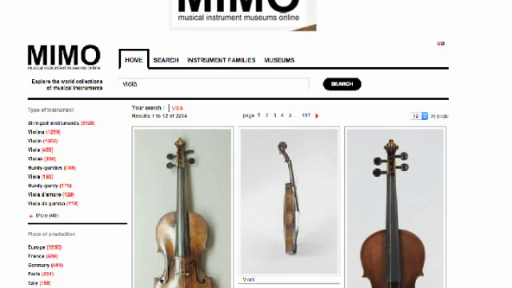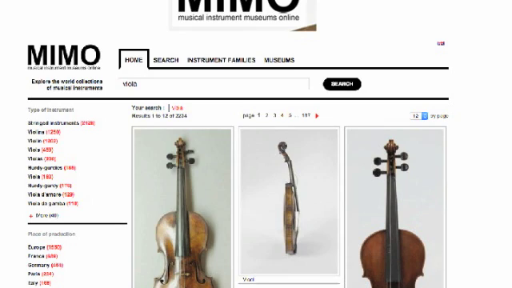Another example of one of these object repositories online is called MIMO, the Musical Instrument Museums Online, and its use of LIDO serves to bring together international museums documenting the history of musical instruments. And like with Europeana, MIMO brings together a large number of digital representations.